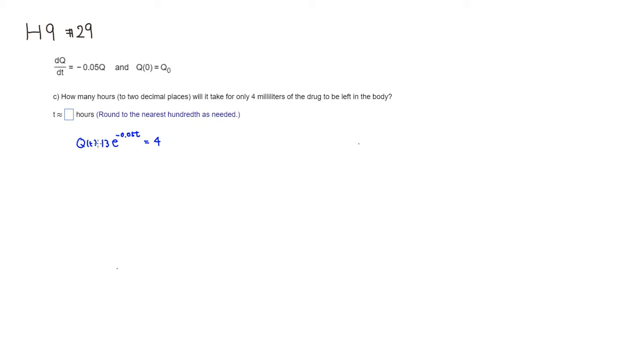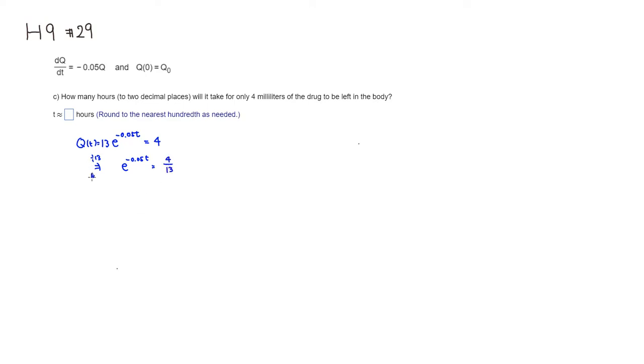We just need to solve for t. First I divide through by 13, so e to the negative 0.05 t is equal to 4 over 13.